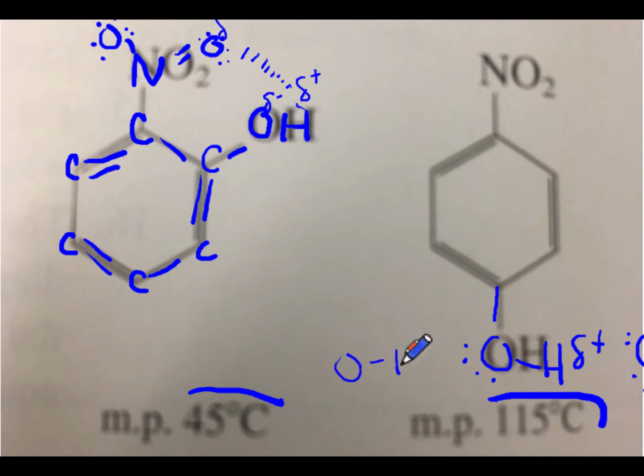Another one can come over here and hydrogen bond here. So there's a lot more potential. You can get another molecule here with a ring bonding here. So there's lots of potential for hydrogen bonding in between molecules. Here the hydrogen bonding is mostly within one molecule. So therefore it takes a lot less energy to melt this substance than it does this one.